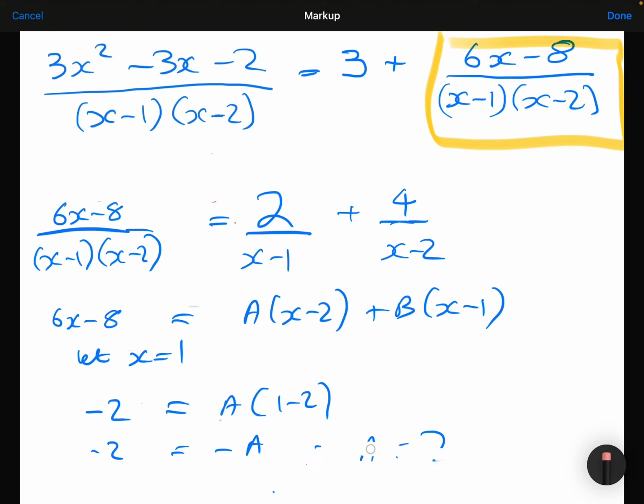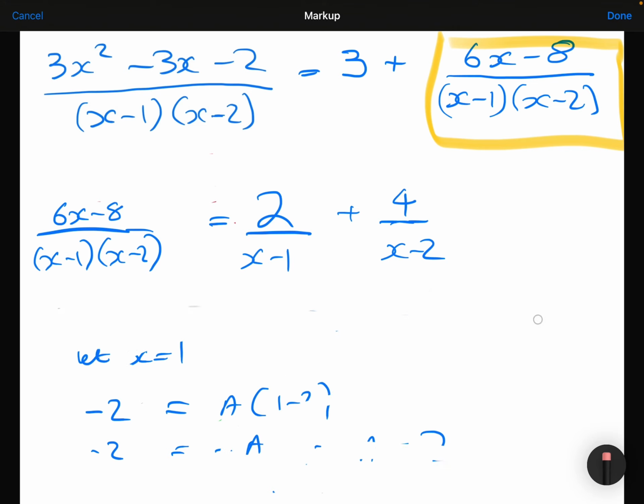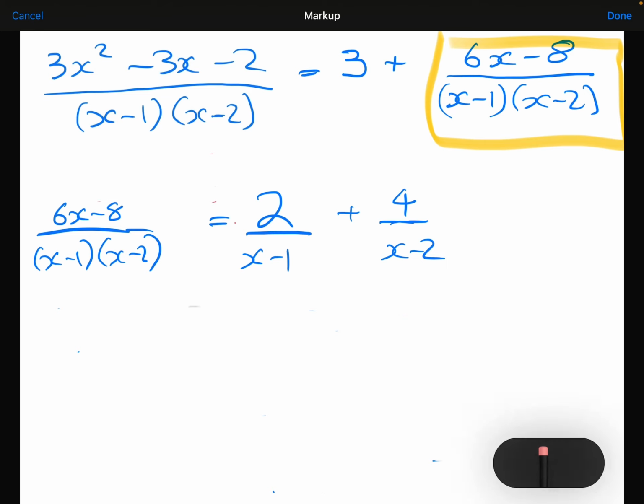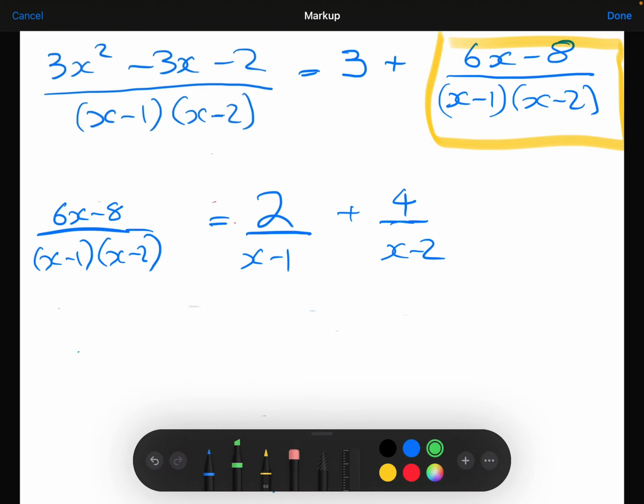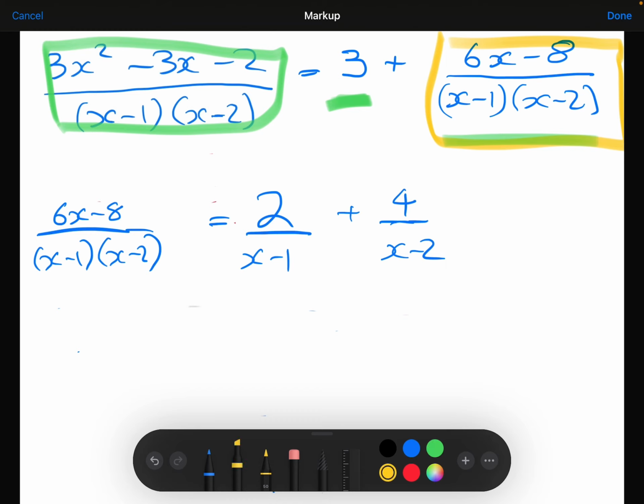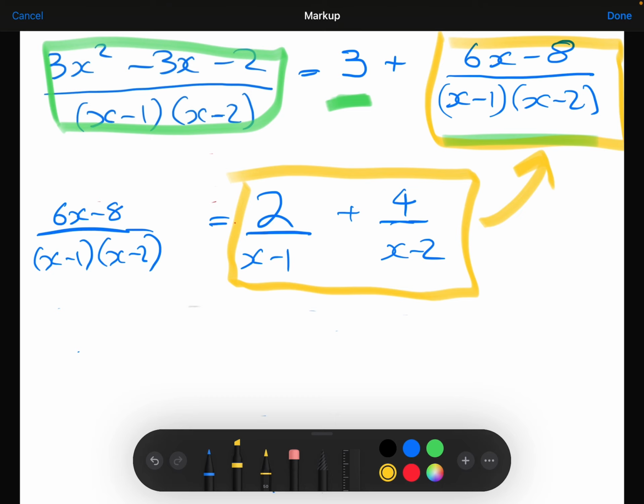Right, let's put all of this together then. So by doing the algebraic long division, that allowed me to rewrite my improper fraction as 3 plus 6x minus 8 over the denominator. And I have just split that 6x minus 8 up into its partial fractions.